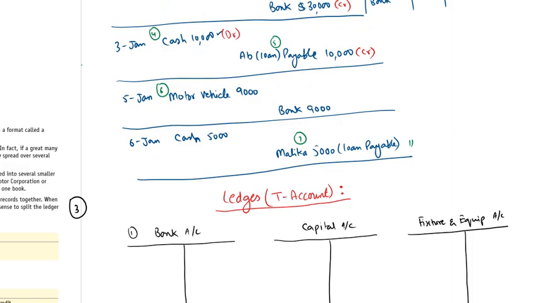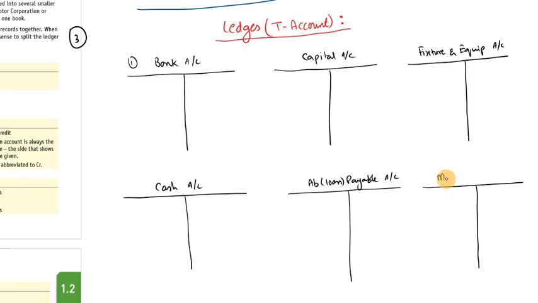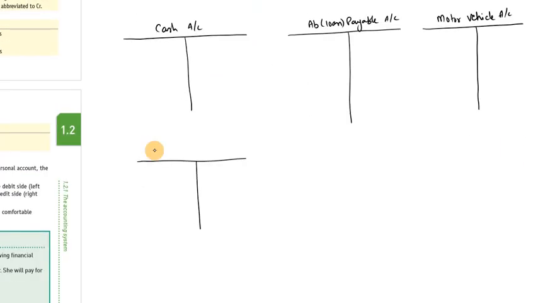Next one is motor vehicle and Malaika loan payable. Motor vehicle and the last one account loan payable, and the person name is M, loan payable.